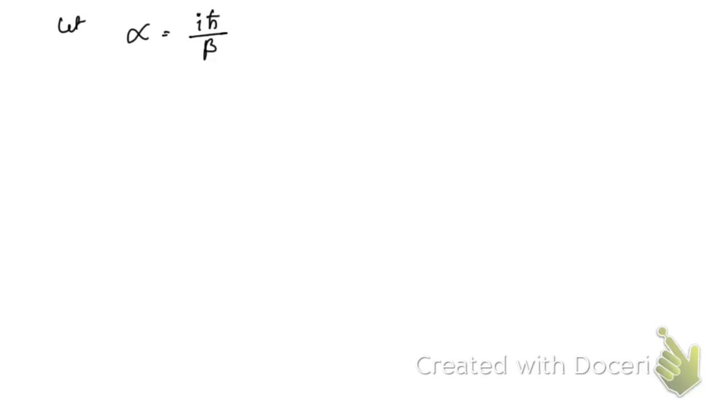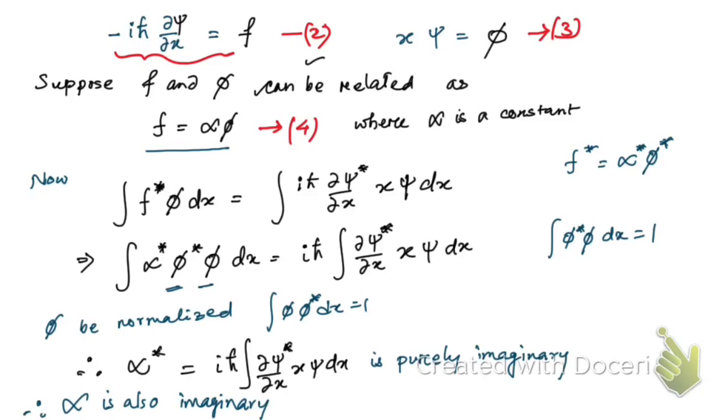So now let's go back to the previous slide. Here you see, if we use these two equations, 2 and 3, in equation number 4, then what can we obtain? We're going to replace this f by this value and this phi by this value.